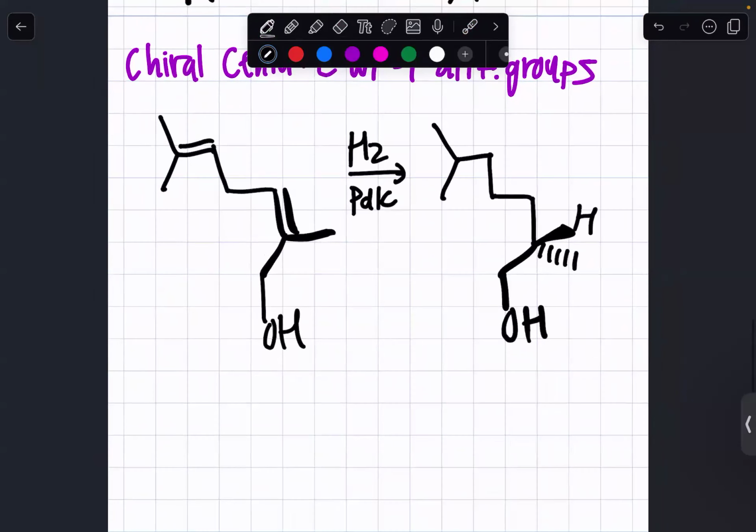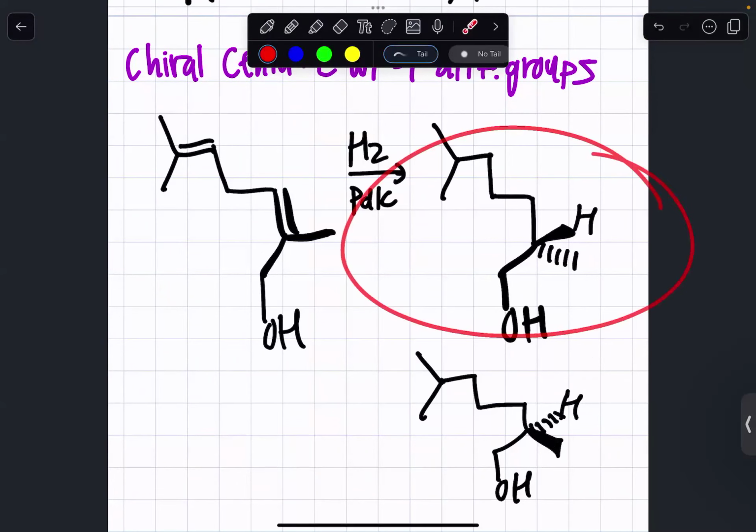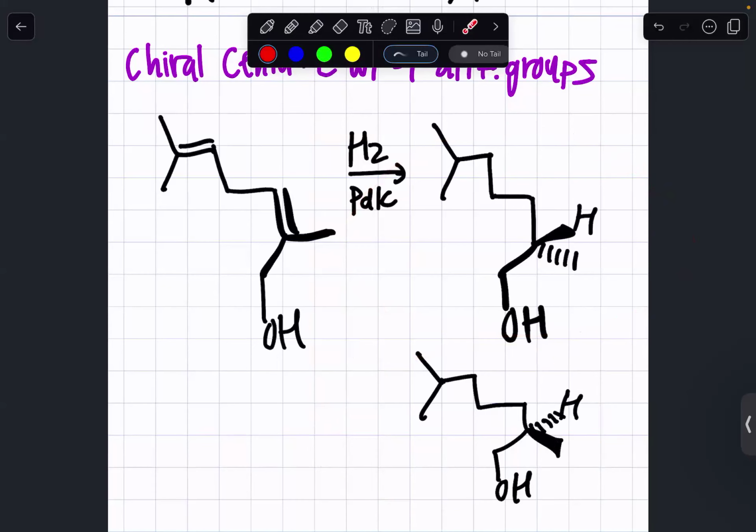But we could also have another product where, if the hydrogen attacked on the backside, it became a dash hydrogen, which forces the methyl to become a wedge. So these are the two different products that we see here. Does that make sense?